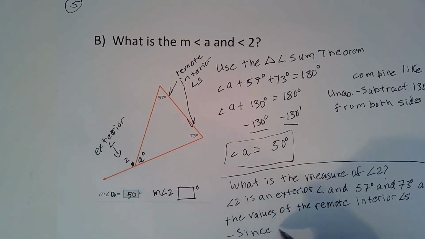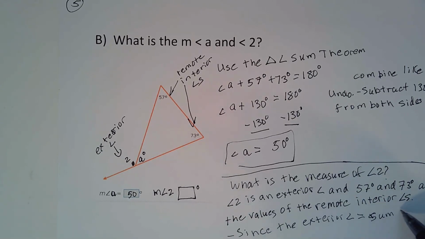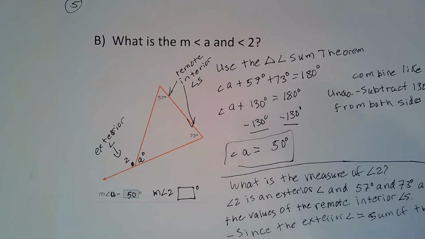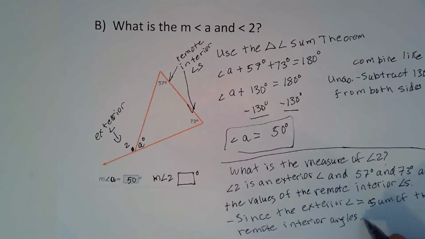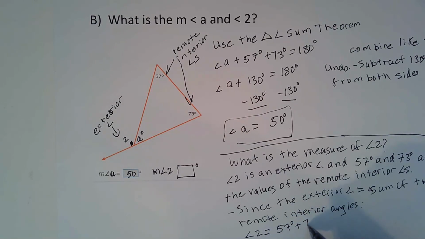So since the exterior angle equals the sum of the remote interior angles, then angle 2 has to equal 57 degrees plus 73 degrees.